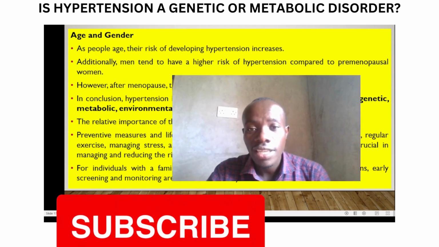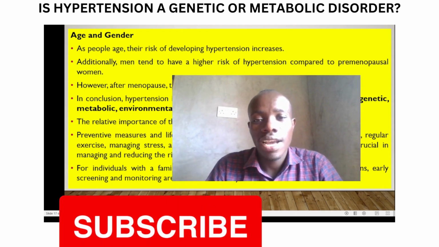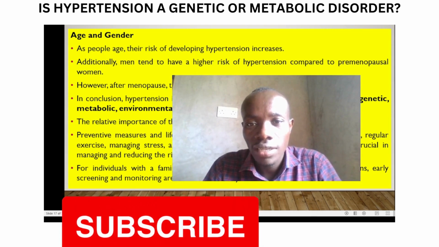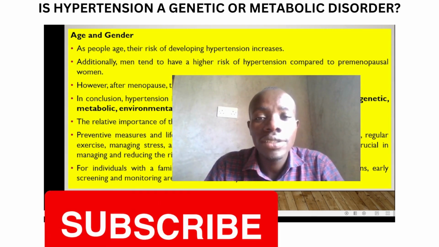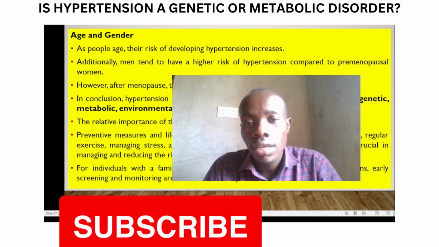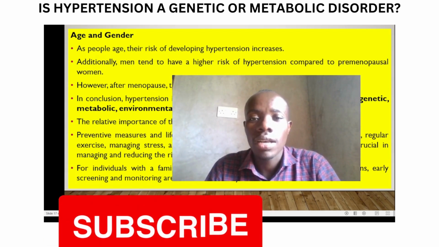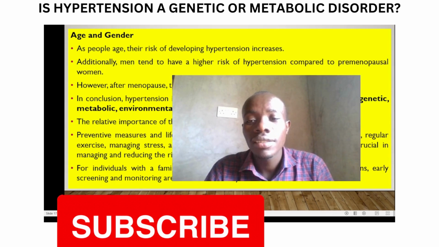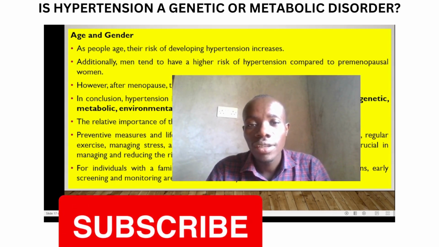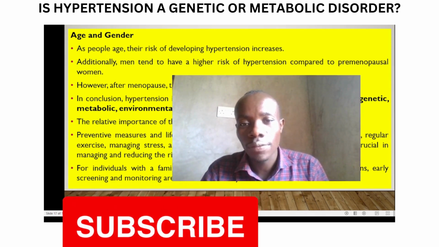So guys, the question of whether hypertension is genetic or metabolic is far from being settled. Generally, hypertension occurs as an interplay of various factors ranging from genetic, metabolic, environmental, and lifestyle. But remember, hypertension is primarily genetic, and genetic predisposition will lead to development of the abnormality.